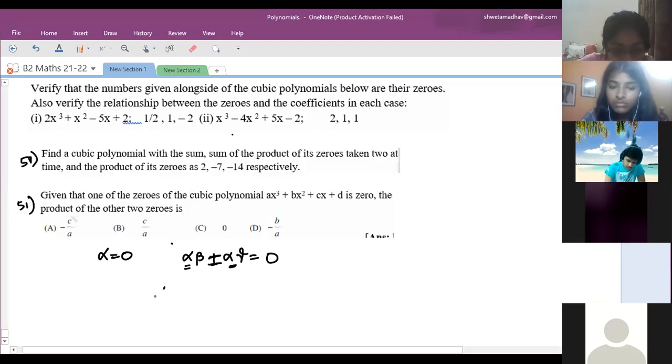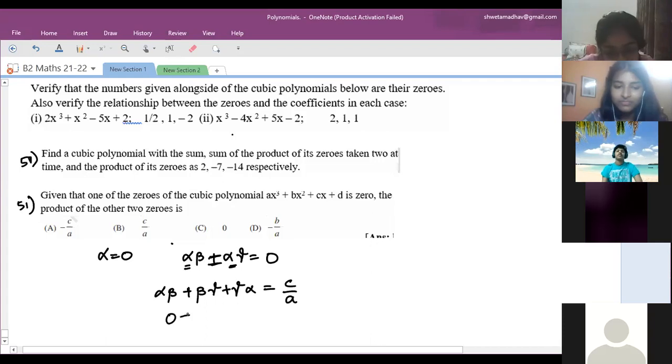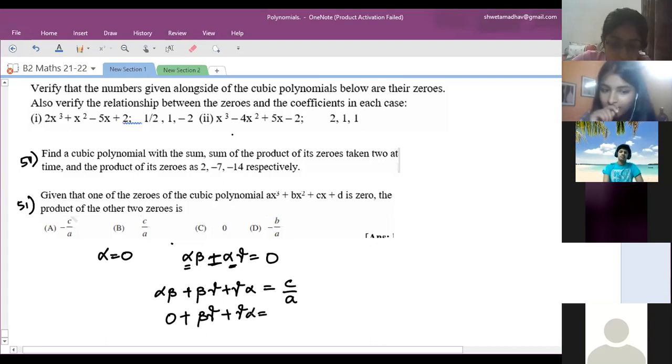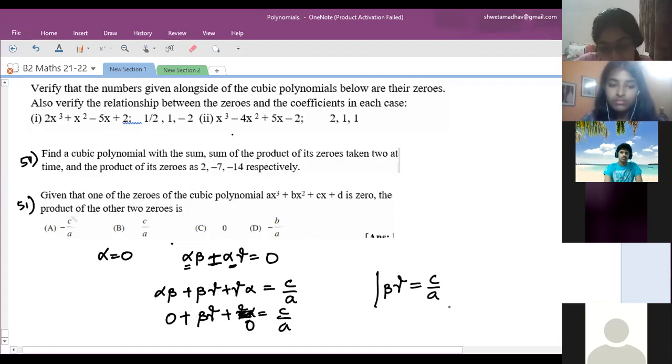So alpha beta plus beta gamma plus gamma alpha is equal to C by A. So 0 plus beta gamma plus 0 is equal to C by A. So beta into gamma is equal to C by A. That's the answer.